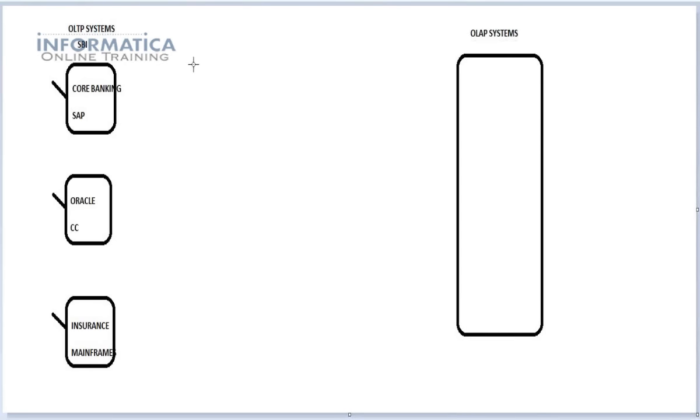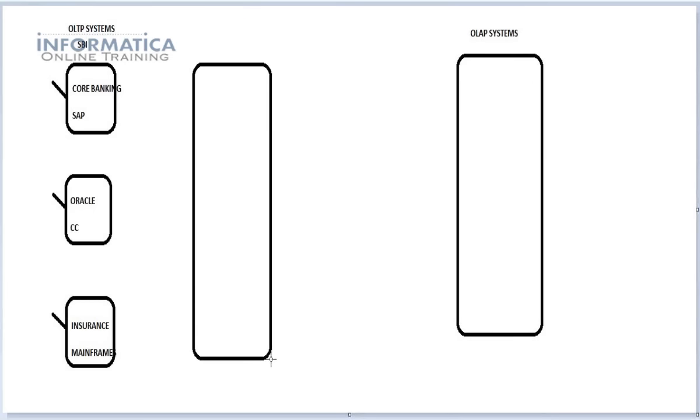The first phase that comes into the picture, which is the mandatory phase in the data warehouse, is the staging area. This staging area is a landing area or parking area where all the raw data from the OLTPs is stored.